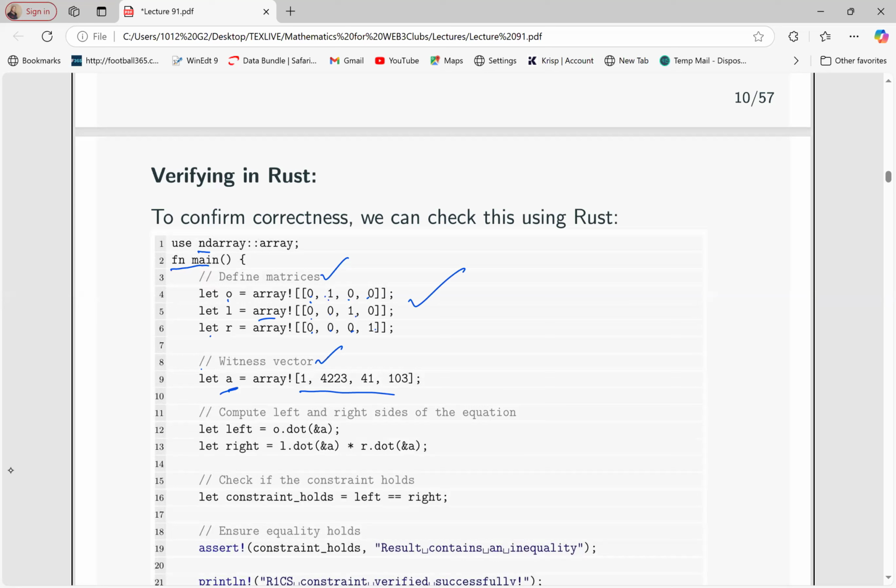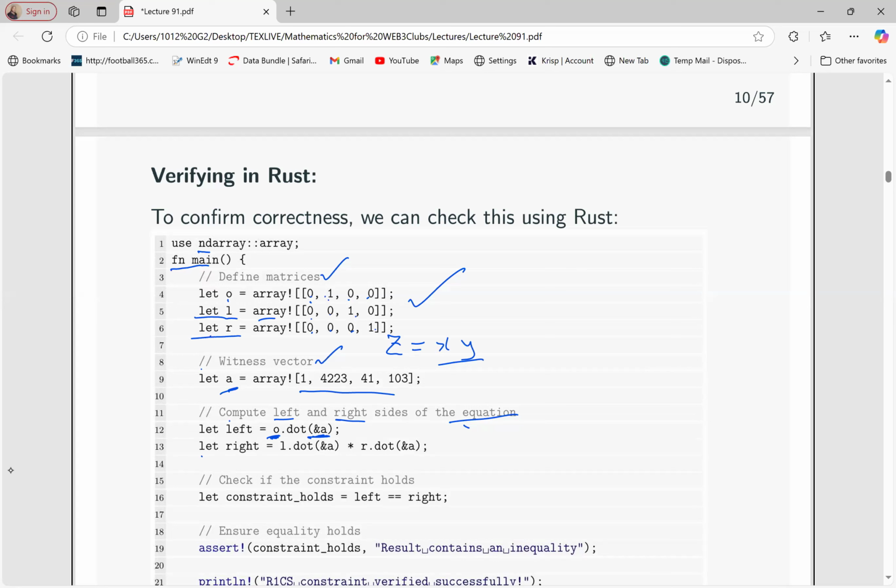After that, we tell Rust to compute the left and the right side of the equation. The left side of the equation is the output matrix times the vector. And then the right side of the equation, remember the equation was x times y, but we're not using that, we are using this.